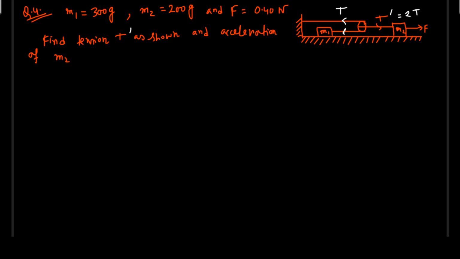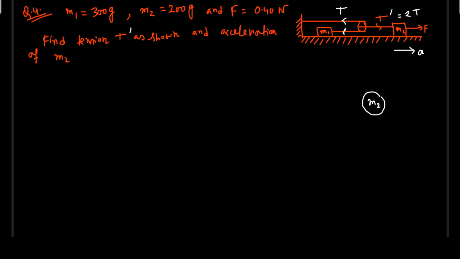Now we have to find T prime, so we have to make the equation of motion first. Let me take the acceleration of this block m2 as a. We have to find the acceleration also, because we don't know it. Another force F is acting over here, and the acceleration is along this direction. What will be the free body diagram of m2?